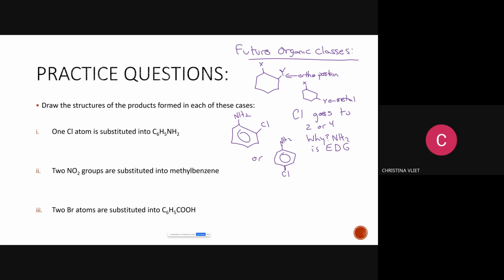And the one that's directly across, like this, is called the para position. So it's actually ortho, meta, para, or OMP. That's how most chemists will refer to benzene rings. You can have multiple ortho, meta, para positions, and they use it for naming.